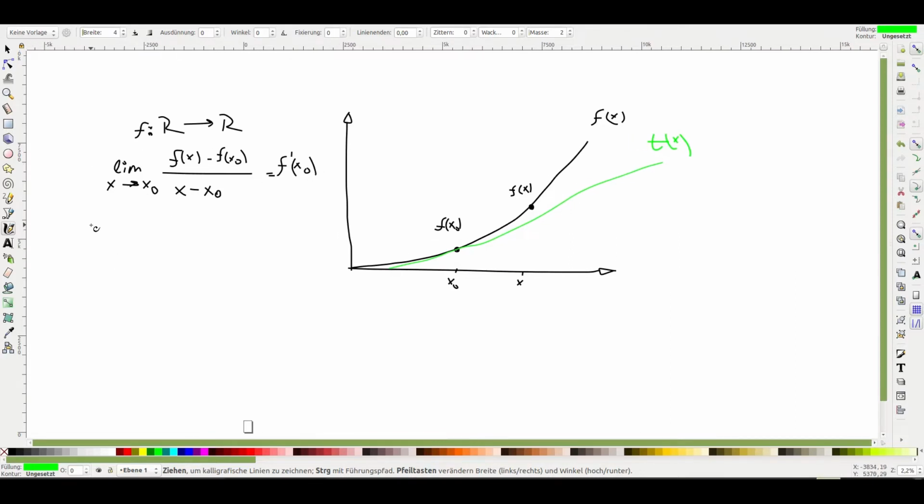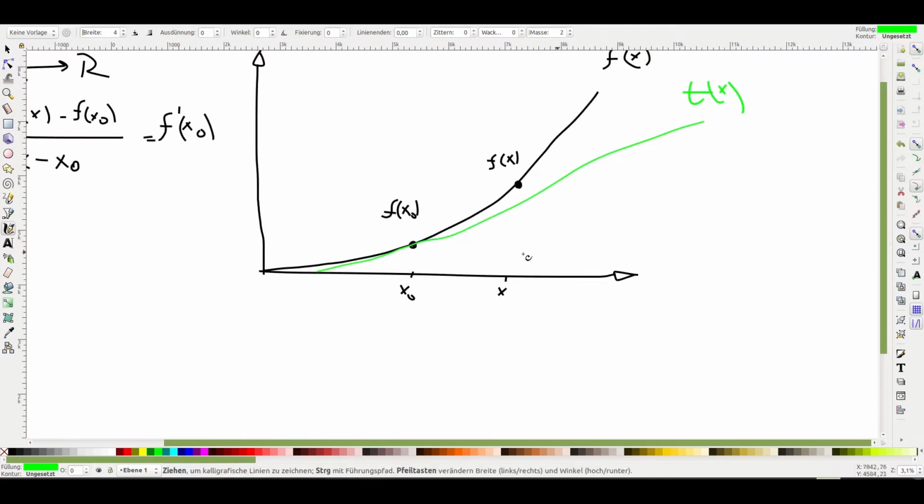So this whole business here equals the slope of t of x, which is delta y over delta x, where, if we take a look again at this graph, our delta y consists of these 2 points.